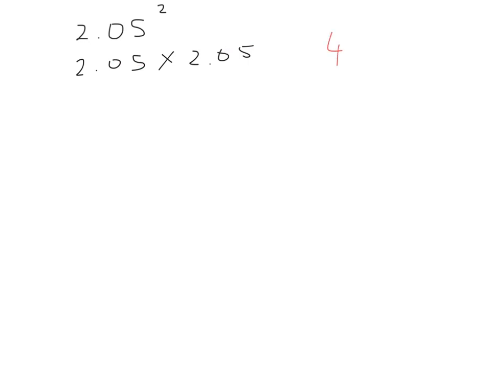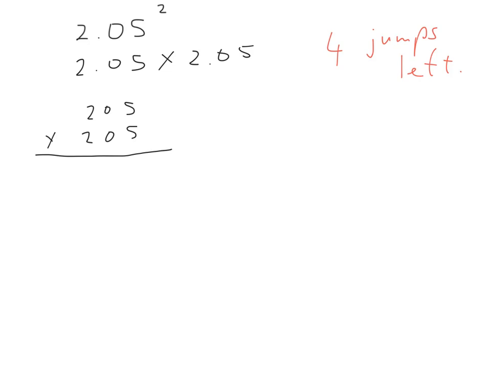So that means we've got 4 jumps left. And now we go ahead and we ignore the decimals and we treat these numbers as whole numbers. So that means that we've got a bit of work to do. So we got 205 multiplied by 205.